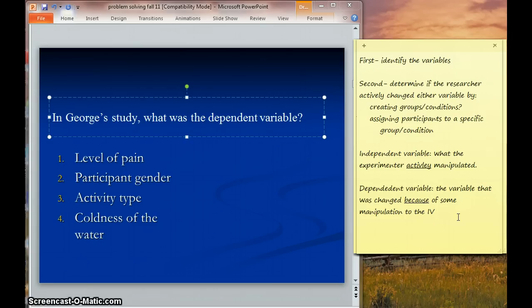It's usually easiest to figure out the independent variable first, and then look at what changed because it was manipulated. In this case, if you manipulate the activity type, George was predicting a change in level of pain. So the dependent variable, what was being measured and recorded in his data book, was the participants' levels of pain.